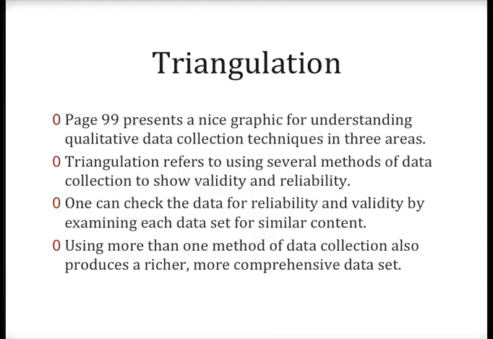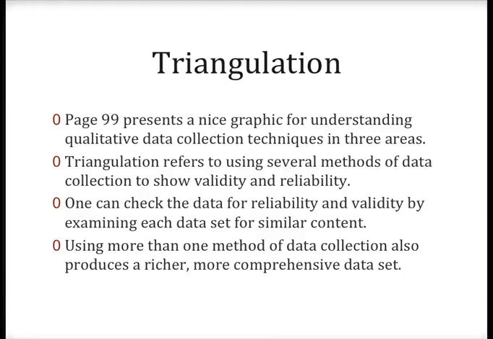Because you need to triangulate your data. What that means is that you need to look at several methods of data collection in order to show validity and reliability. If you only do one thing, you can't show that it is valid and reliable because it can't be triangulated. On page 99, there's a nice graphic that shows those three areas and how you could choose something from each area.